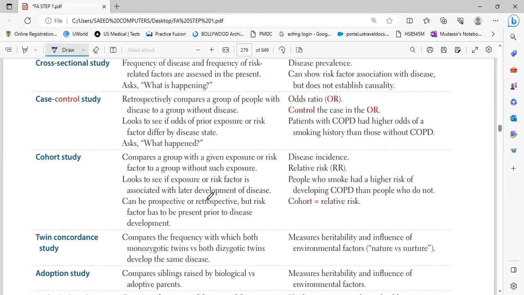That is a case control study. That type of question can be given: if the disease, outcome, or result is given and you are comparing them, that is called a case control study.